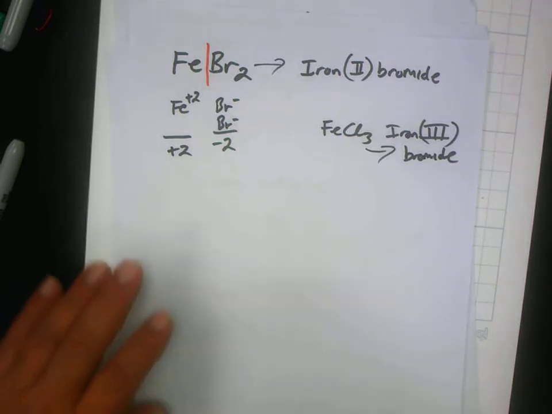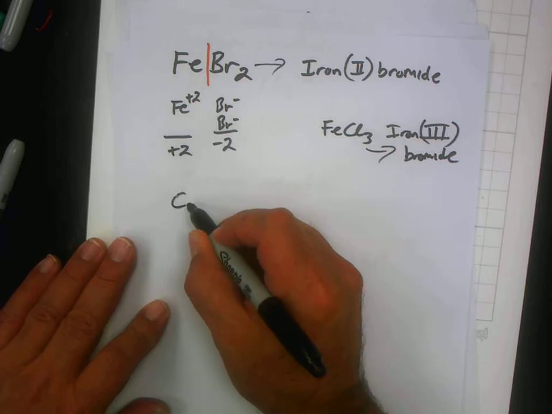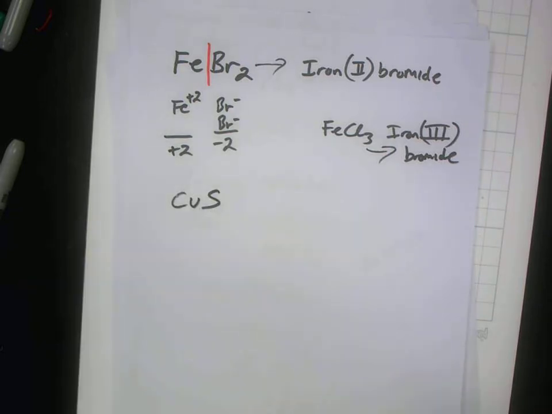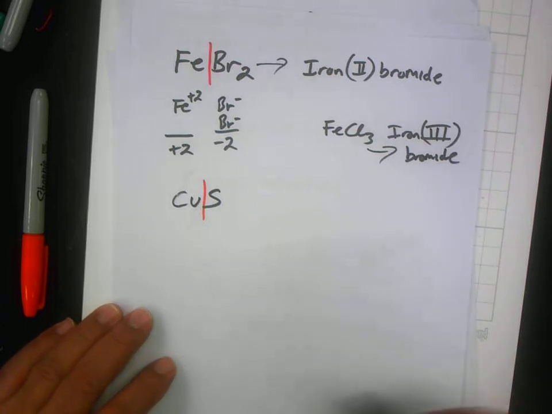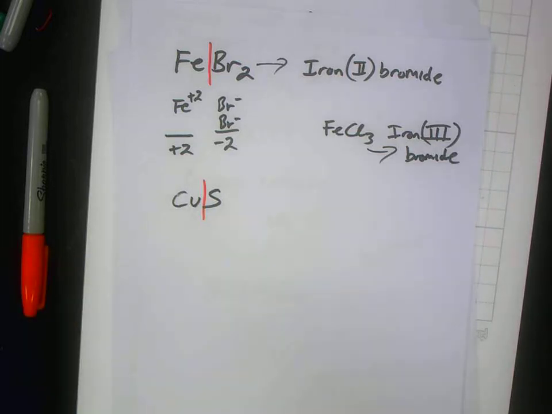Actually, let's do one here. What about this one? CuS. How would you name that one? Once again, it's made up of 2 elements, copper and sulfur. The sulfur becomes sulfide, because it's the anion. The copper, which copper is it? It's a transition metal. Copper's in column 11 there in the transition metals, so we got to figure out what the charge is on it.